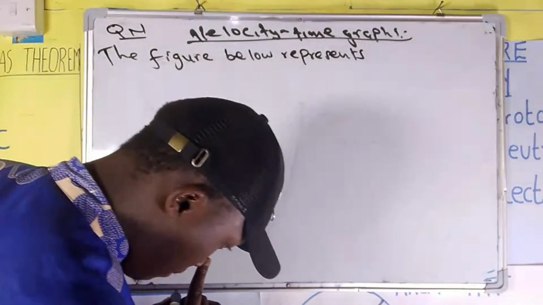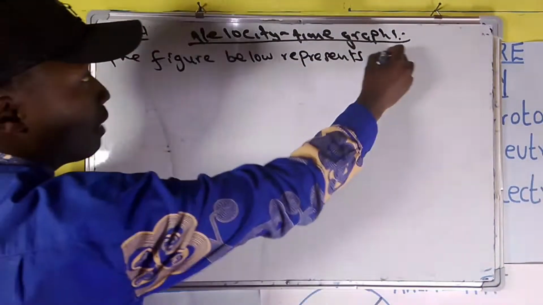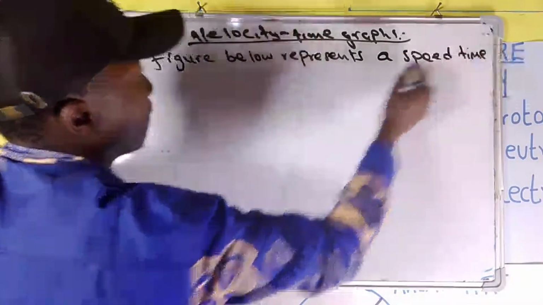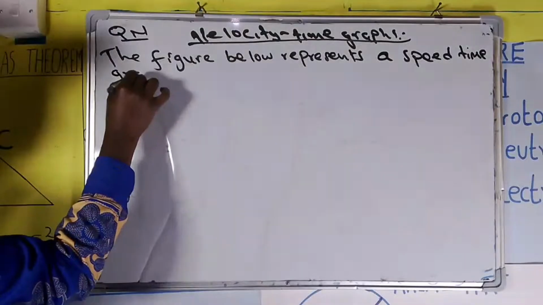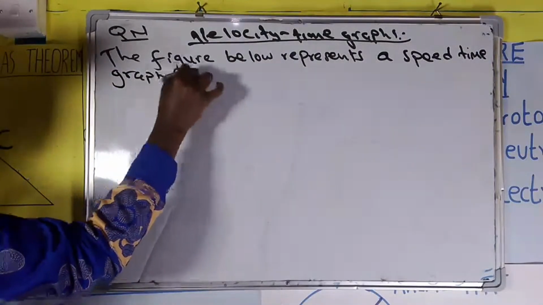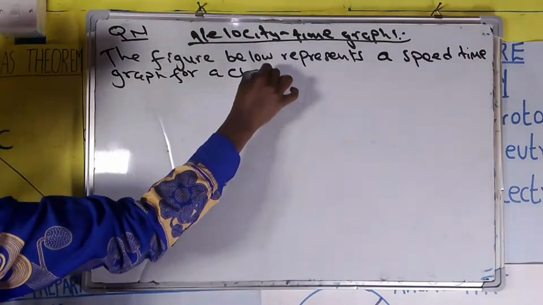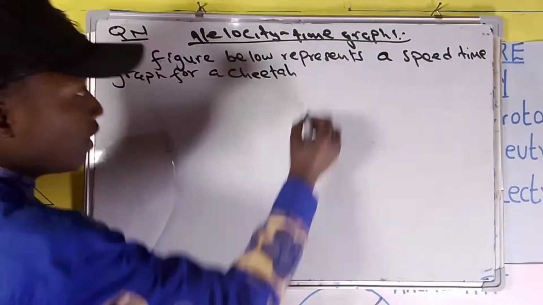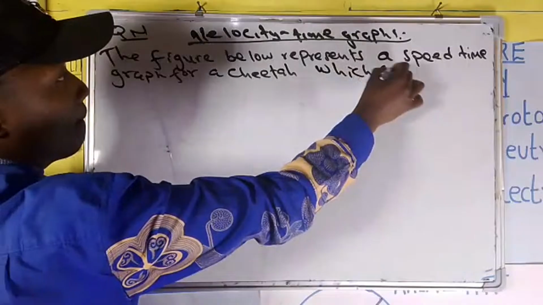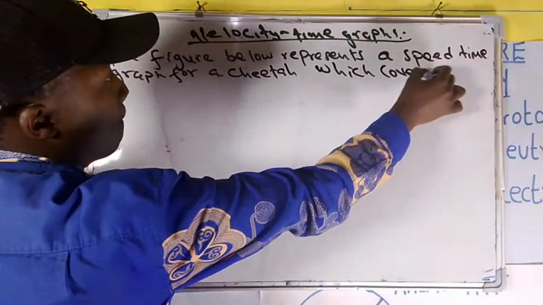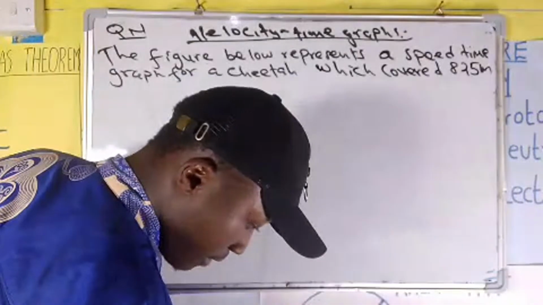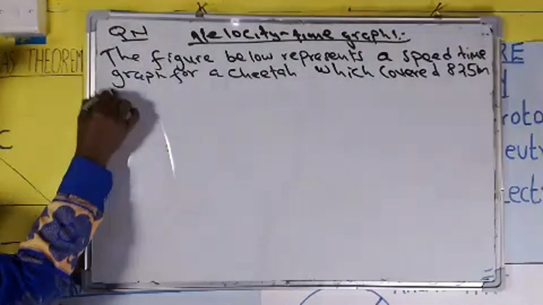The figure below represents a speed time graph for a cheetah which covered 825 meters in 40 seconds.